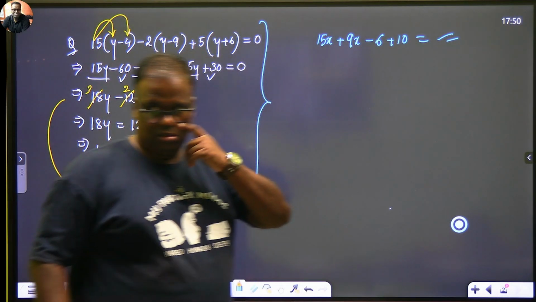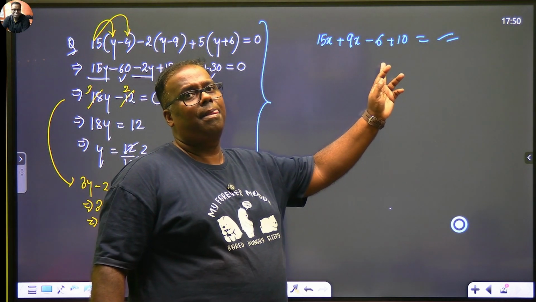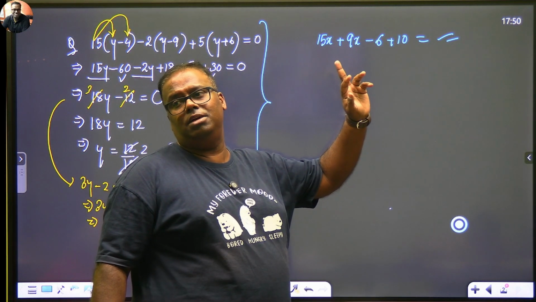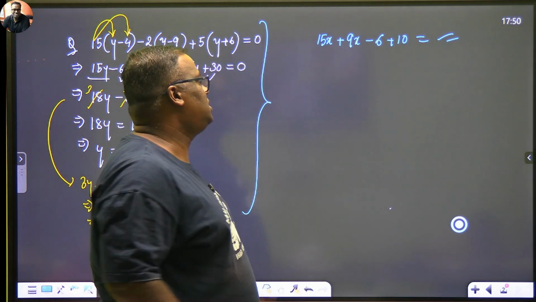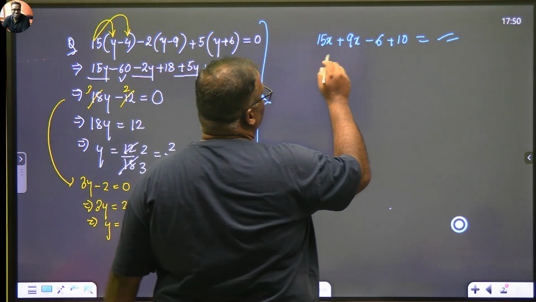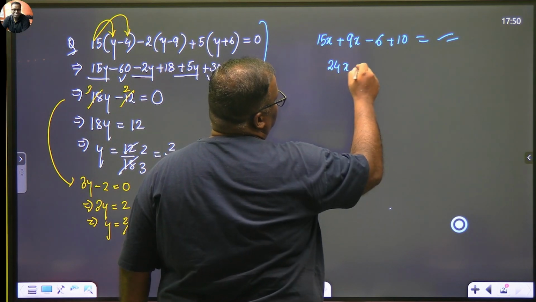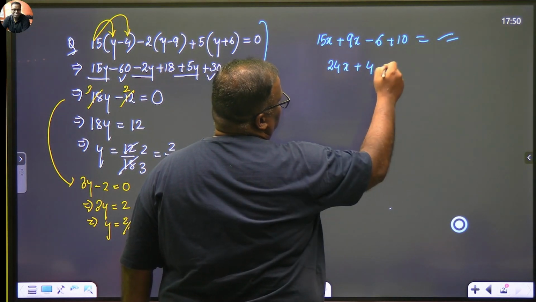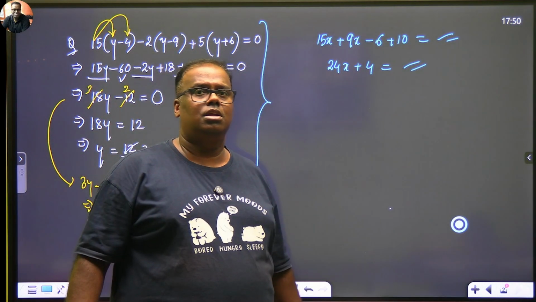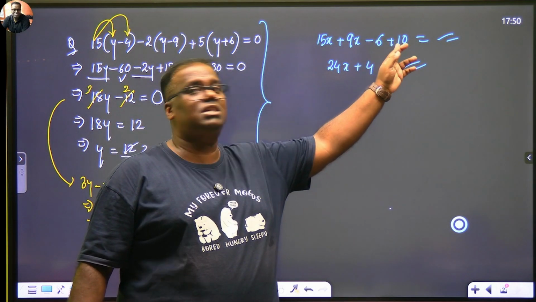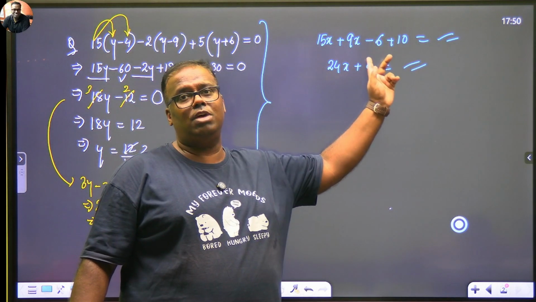The next step will be 15 plus 9. 15 plus 9 gives me how much? 24. And this will give me how much? Positive 4 is equal to that. Yes, plus 4, because it's a minus 6 and a plus 10. Had it been a minus 10, it would have come as a minus 16.